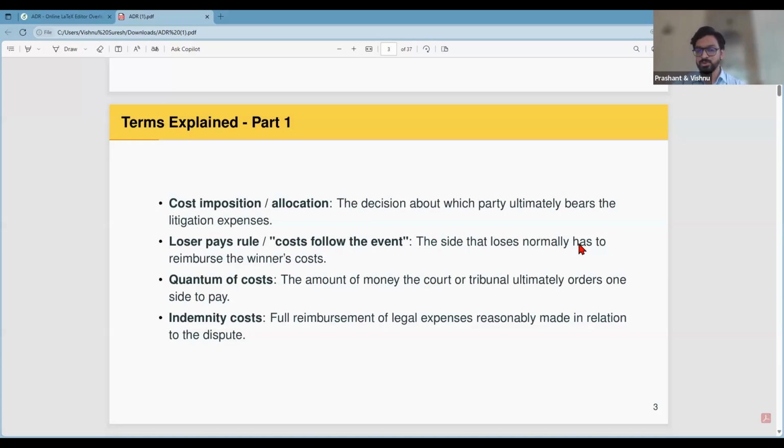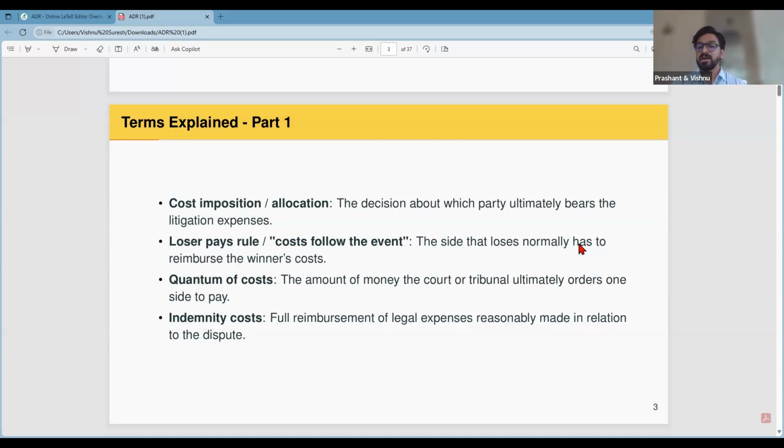The next term which you will see recurring is loser pays rule or cost follows the event. This originated from the British rule, from England. The rule is essentially that the side which loses normally has to reimburse the winner's cost.